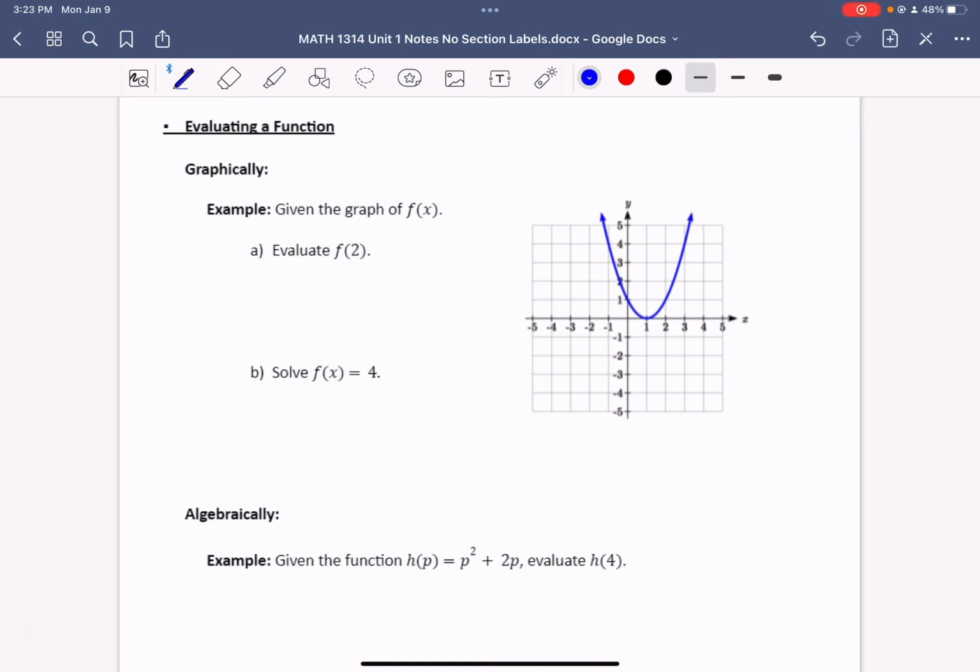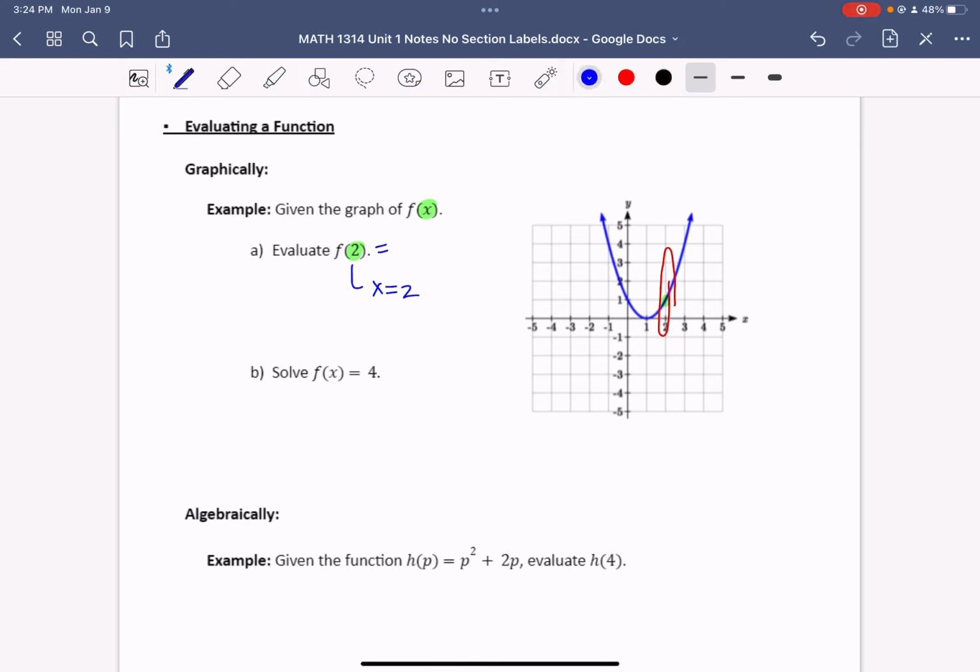When we're evaluating a function, we want to look at it graphically and algebraically. So first, let's look at it graphically. You'll notice that instead of x right here, they're calling it a 2. So that means this is your x value. It's saying: where on your graph, when x is 2, is your curve? And you can see that it's right there.